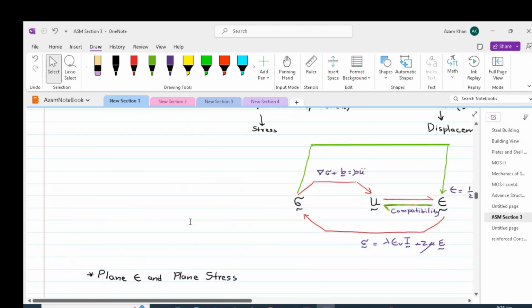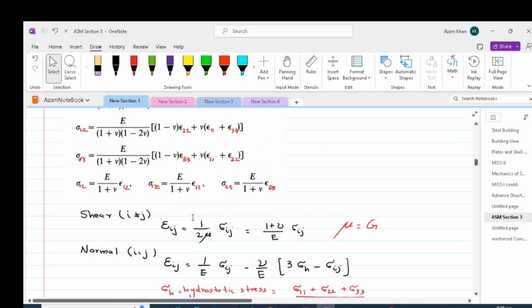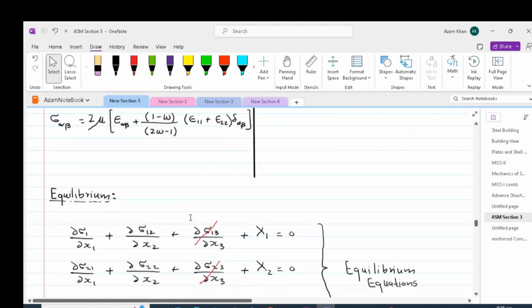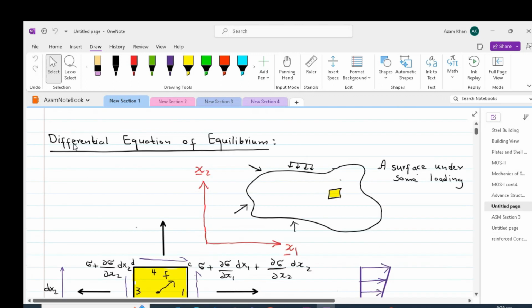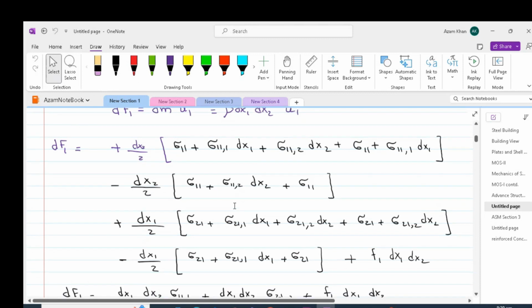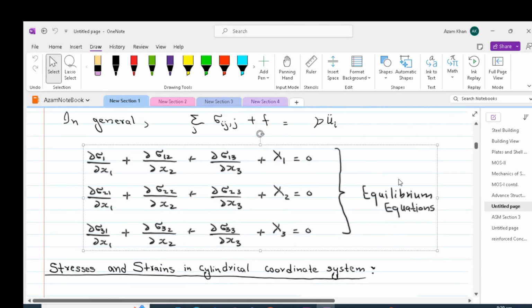So reminding ourselves of the equilibrium, in a 3D orthogonal Cartesian system, we derived earlier the differential equations of equilibrium, and that came out to be these three equations. Partial sigma 1 1 by partial x1 plus partial sigma 1 2 by partial x2 plus partial sigma 1 3 by partial x3 plus X1 equal to 0.